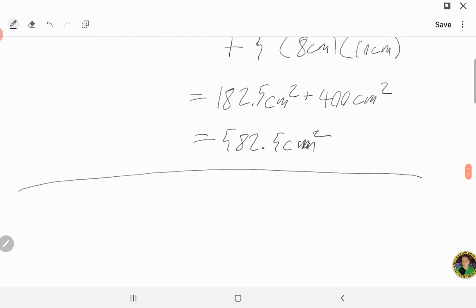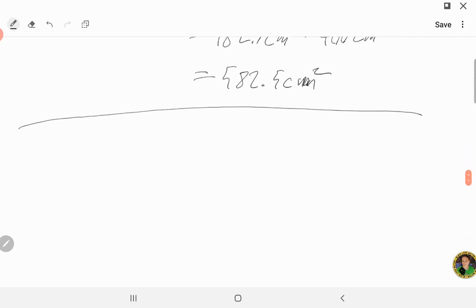So an easier one to have out there is the surface area of a cylinder, which is the same kind of idea.